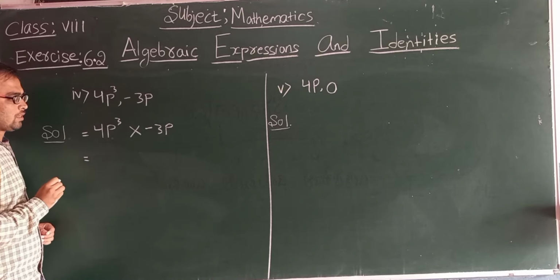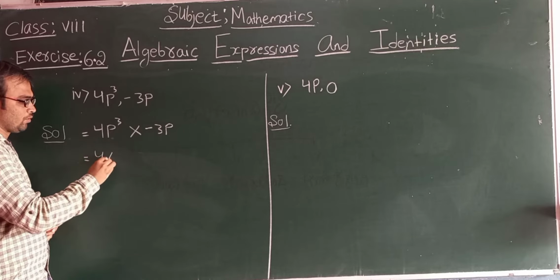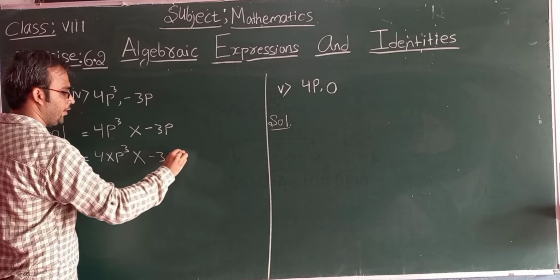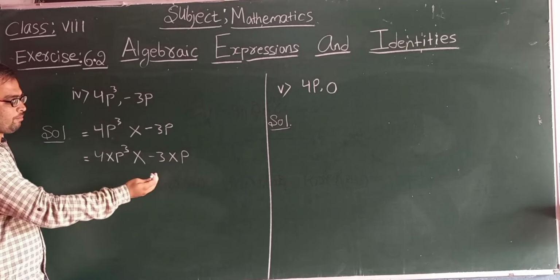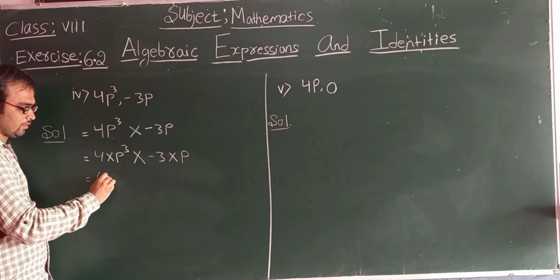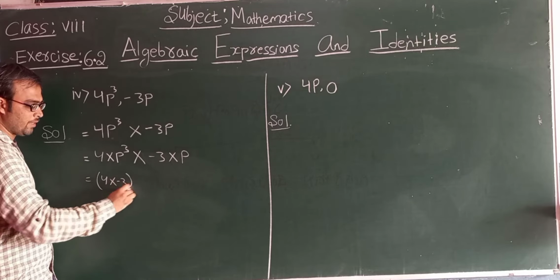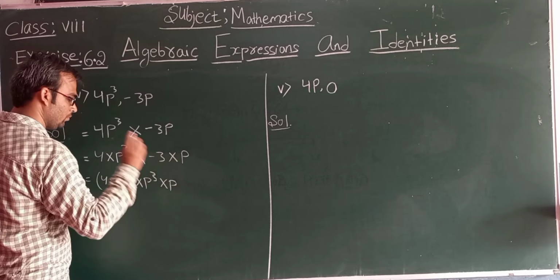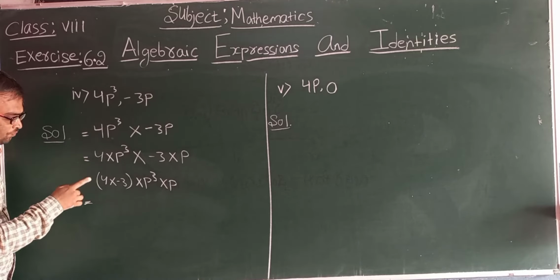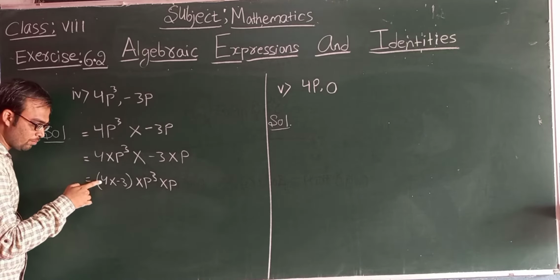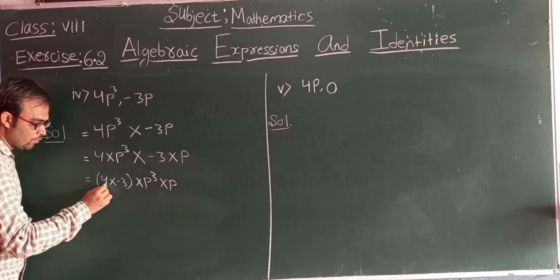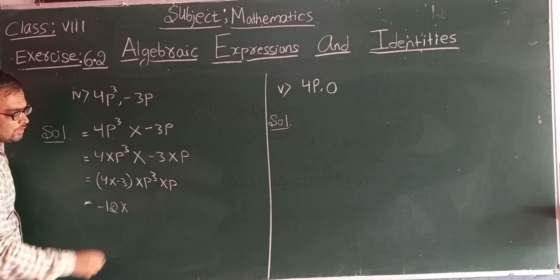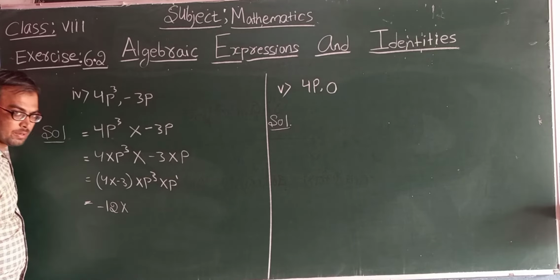Now students, expand it, that is 4 into P cube into minus 3 into P. Now make the numbers one side, that is group the numbers. Now nothing is there, which means plus will be there, so plus into minus will be minus. 4 threes are 12, into, now nothing is there, so here 1 will be there as the power.